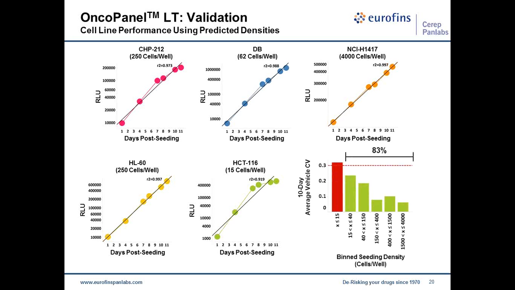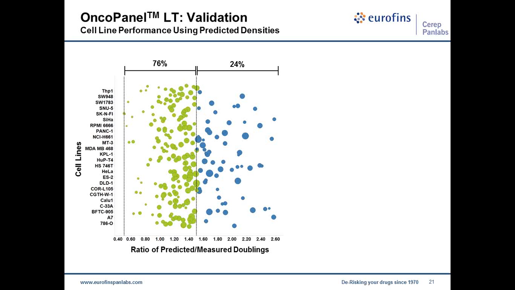For some of the fast-growing cell lines, we do expect this to be their pattern of growth. But based on these calculations, we estimate that about 83% of the cell lines are going to show logarithmic growth over our 10-day assay, whereas maybe around 15% are going to show the slowing during the last phase.